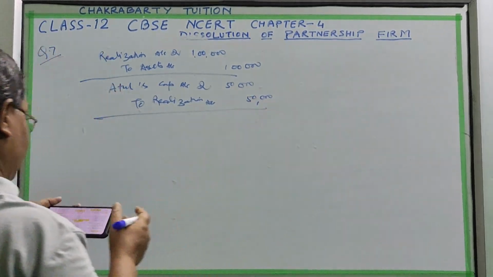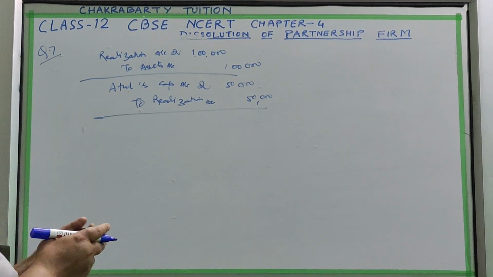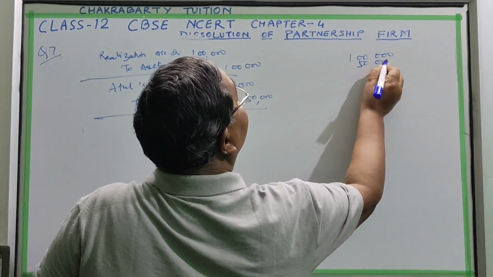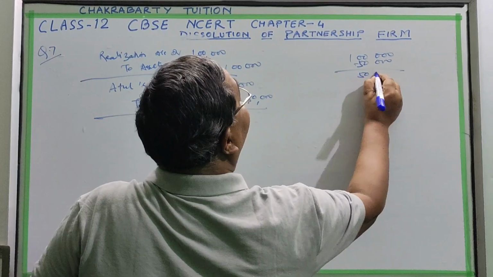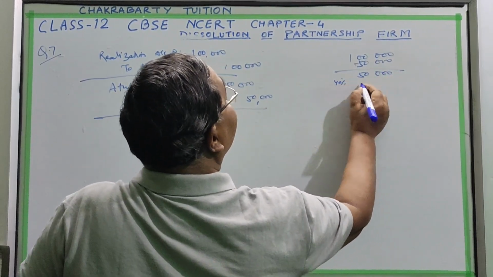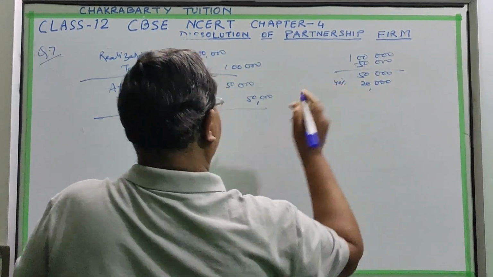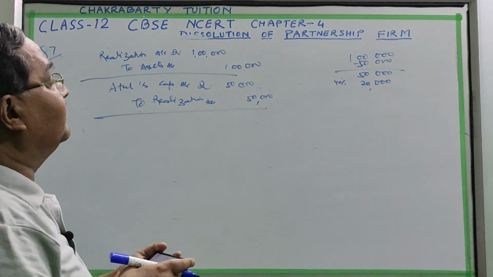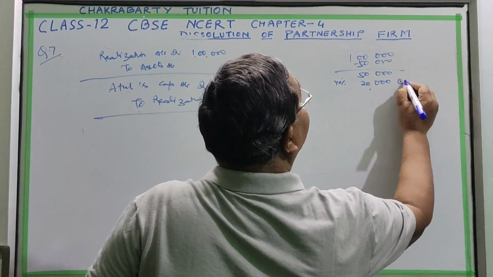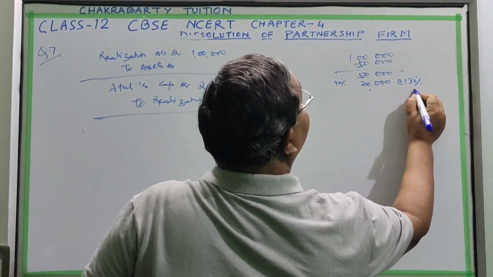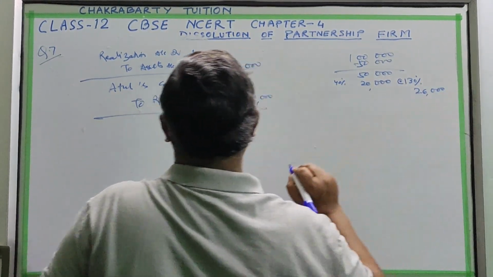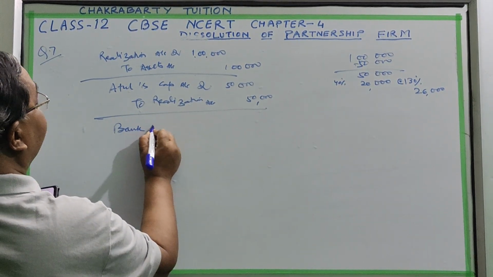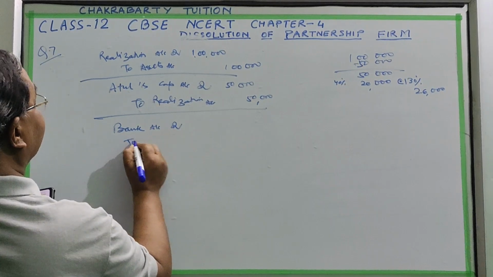Now next, 40% of the remaining. 50,000 is gone, so the remaining is 50,000 and 40% of it means 20,000. It is sold at a profit of 30%, means 130%, so 26,000 it will give. So money will come, bank account debit to realization account.